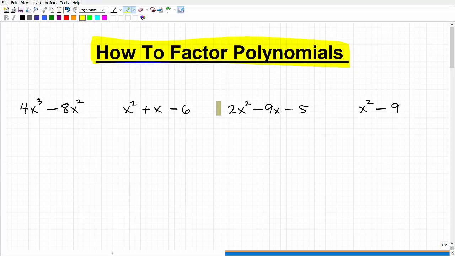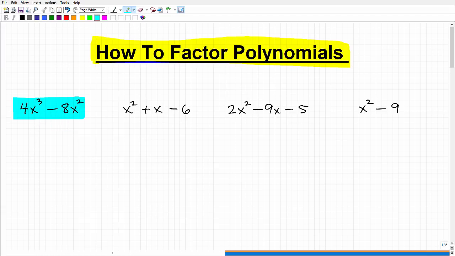So this is an absolutely necessary topic to learn in math. Okay, so I got four different situations here, and if you understand these four scenarios, then you're going to be able to handle most polynomial factoring problems that you encounter in algebra.